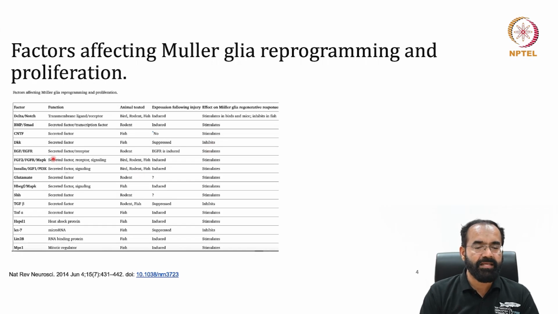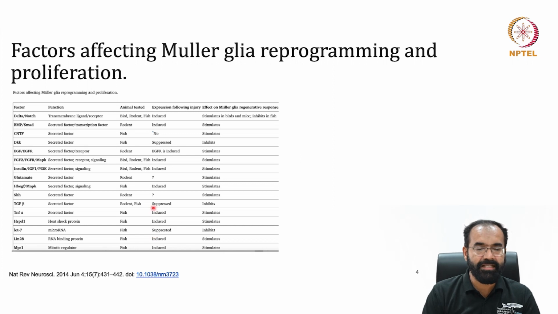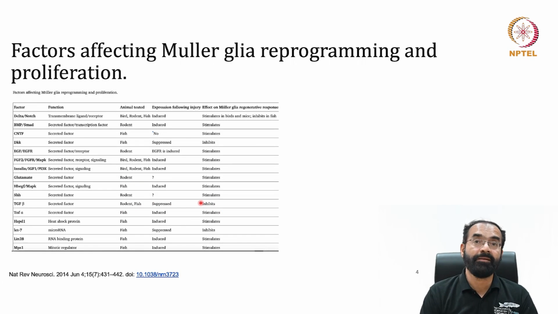So you can see, I will not go into each of these pathways. Those who are interested can read it. But what we should understand is, there can be genes that are induced for a better cause in terms of regeneration, or there are some genes that are inhibited for a better cause of regeneration, and vice versa. So you can see some genes such as TGF-beta, a secreted factor tested in rodent and fish, and it is suppressed, and it has been shown to inhibit.